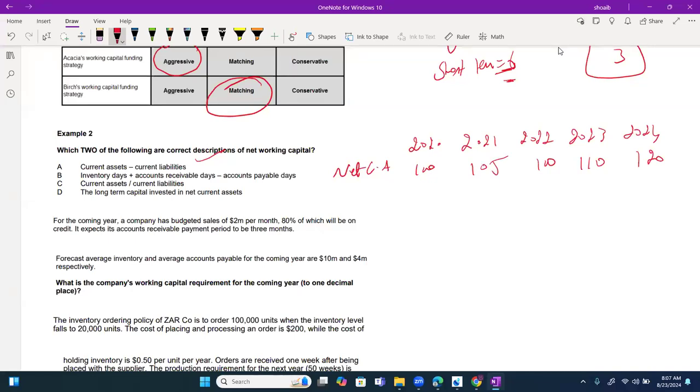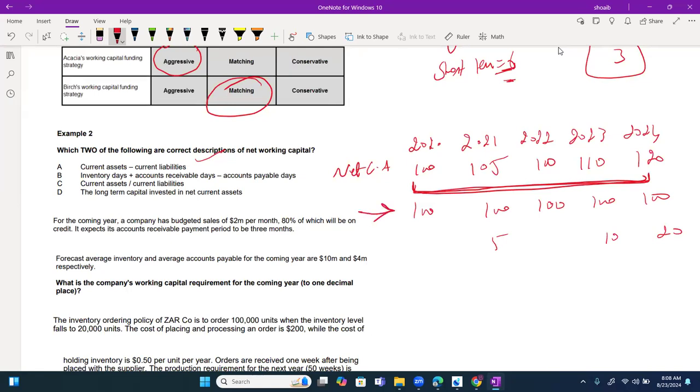So if you see, there is some minimum working capital or net current assets which the company is maintaining. That is every year 100. But because of the demand, the company is maintaining 5 more, 10 more, 20 more. So in order to maintain the minimum current assets, the amount which the company will put, that would be long-term capital. Why is it long-term capital? Because every year you have to maintain this amount. Every year your money will be stuck, your money will be invested. So that's why A and D both are the answer.